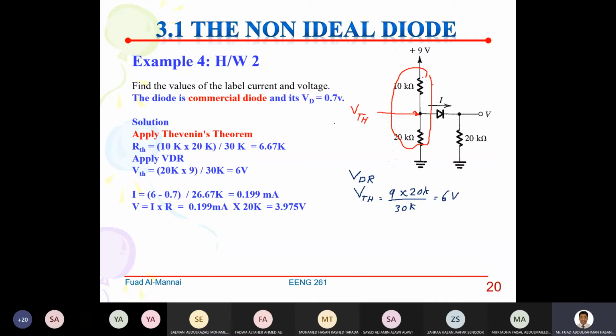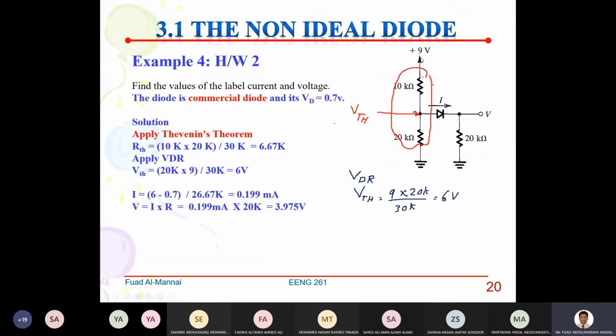Everybody remember what the Thevenin equivalent says? You have to find RTH, and then you have to find VTH. How are you going to find RTH? Thevenin said if you want to find RTH, you put all the VCC sources to ground, and if you have a current source, it will be an open circuit.